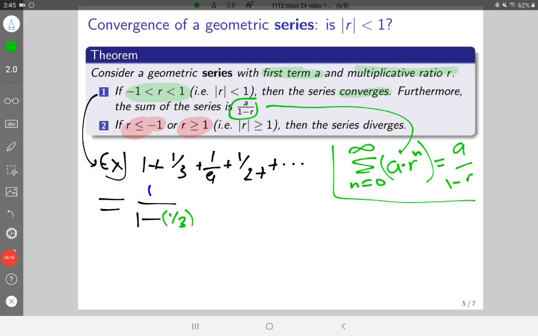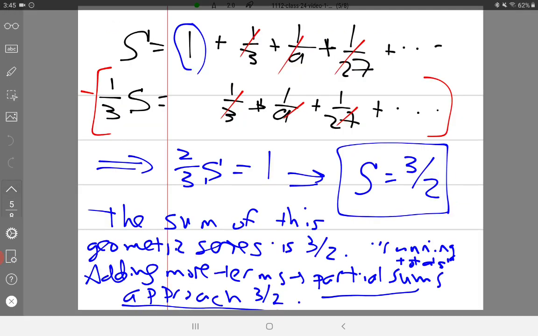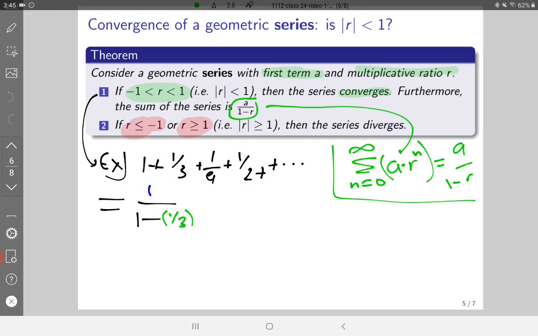So here's me applying the first part of this theorem that says when r is between -1 and 1, like we had in our example with the bug where r was a third and the starting term a was 1, then the sum of that series should exist because it's convergent, and I get the sum of the series to be 1, which is a, over 1 minus a third, and that evaluates to 1 over, let's see, 1 minus a third is 2/3. 1 over 2/3, reciprocal is 3/2.